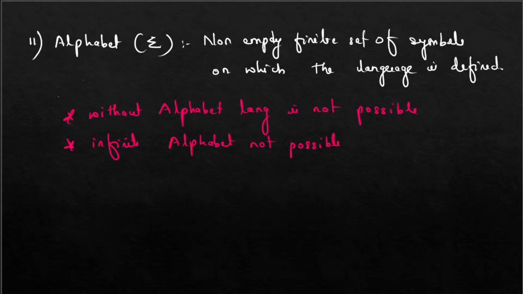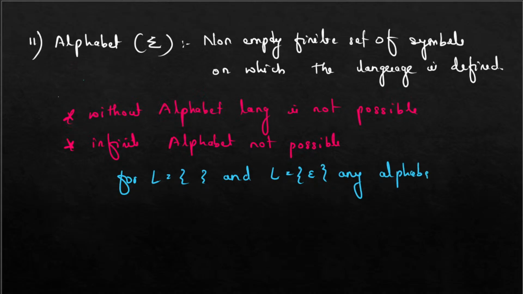So for L, this is this, and for language, this is epsilon. For this language, any alphabet is valid, and alphabet does not contain epsilon. This you should know.